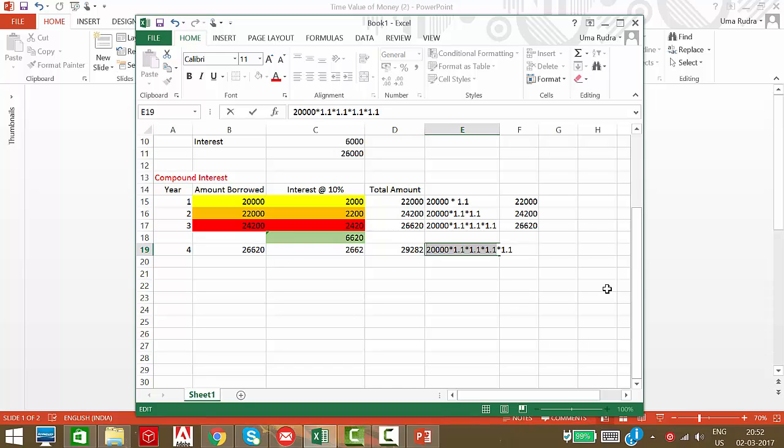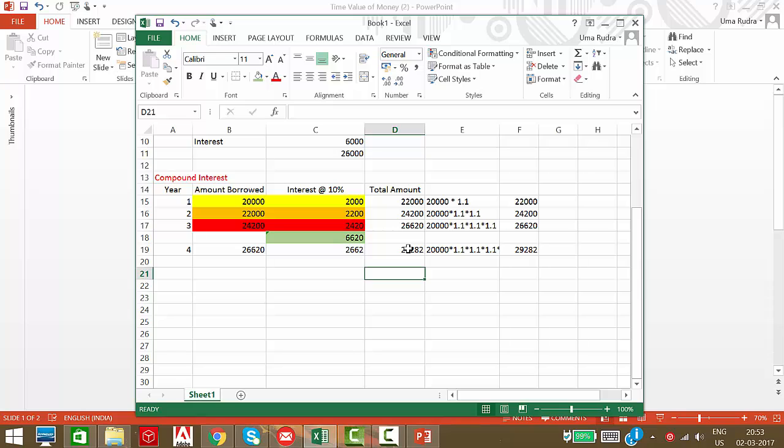On that, the next 1.1 gives us this. Let me put the formula here: 20,000 into 1.1 into 1.1 into 1.1 into 1.1, which gives 29,282.